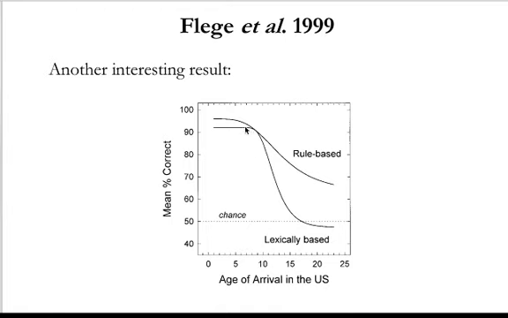So if you arrive after age 10, it's very likely that you're going to see a precipitous drop-off in how well people do on these more lexically idiosyncratic tasks, until people who arrive in adulthood are almost at chance level of performance, like they're just randomly guessing almost on these particular judgments.